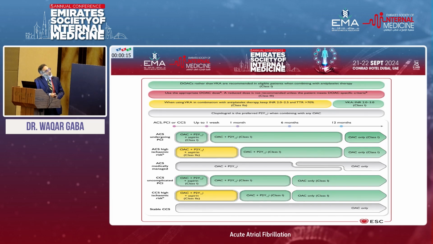If it's stable chronic coronary syndrome, you don't need antiplatelets. There are only a few indications where you do need antiplatelets, especially triple therapy, sometimes only up to 1 week, in the high risk maybe up to 1 month.